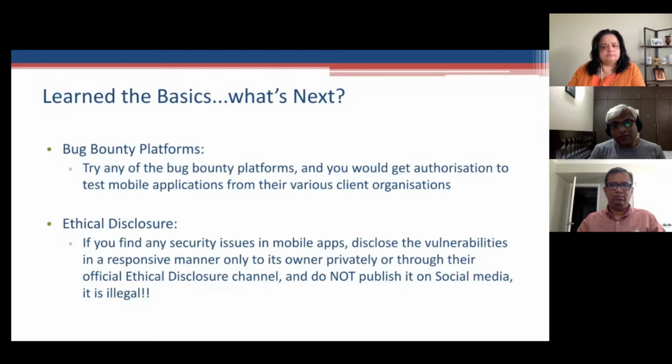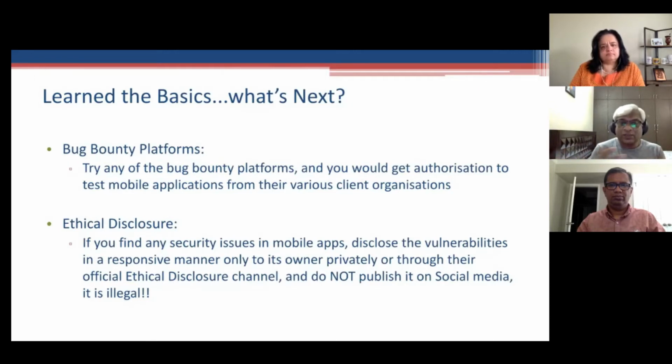And one important caution that I want to give is the ethical disclosure. What I would suggest is, if you're finding any vulnerability in an app, right? So you should be doing the disclosure of it in a responsible manner. That means you should go to the owner of that app and say that, you know what, I did some testing and I found this vulnerability, and this can be fixed in this way, and you give evidence of how you found it.